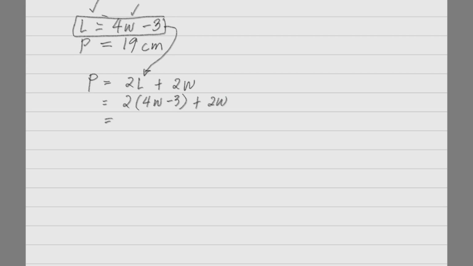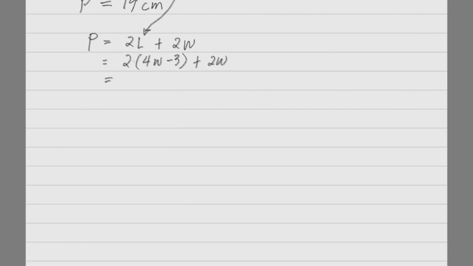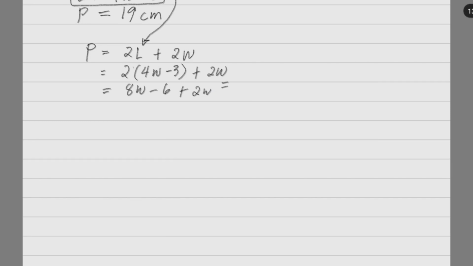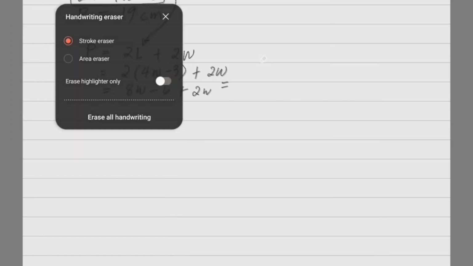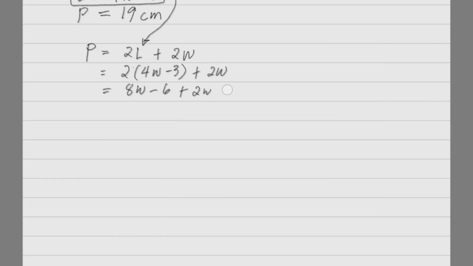And then, using distributive property and simplifying the terms, we will get 8W minus 6 plus 2W. And that gives us, sorry, that gives us 10W minus 6.